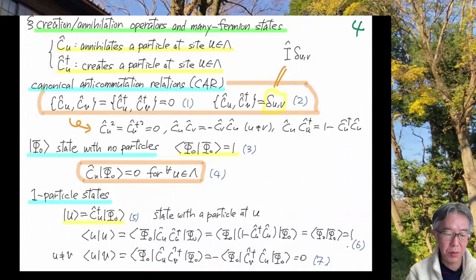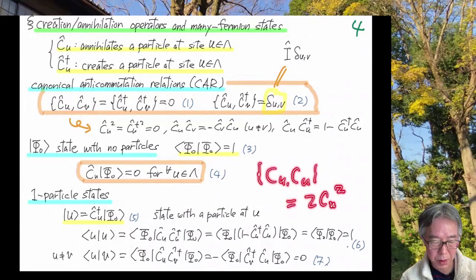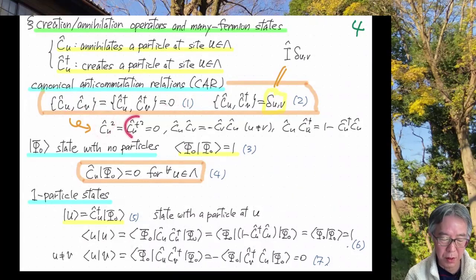Okay, and we assume that these satisfy something called the canonical anti-commutation relations, which look like this. For example, when u and v are the same, C_u C_u is the same as minus C_u C_u, so it is 0. This means that C_u squared or C_u dagger squared are 0. And if they are different, then if you switch two of them, you get a minus sign.